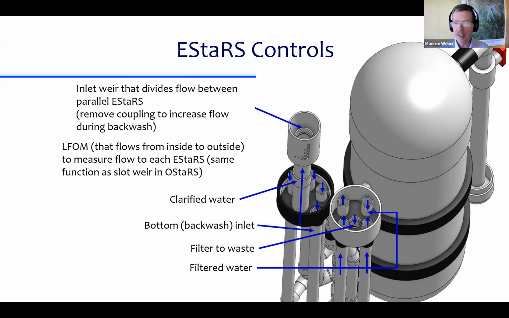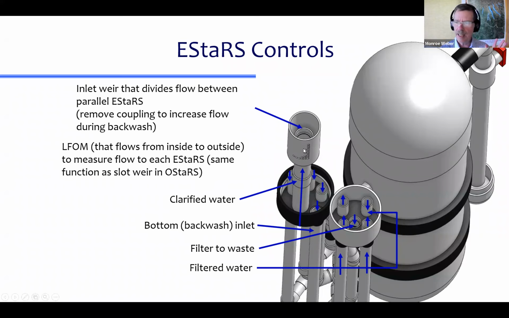Same thing is true here. Here we would just remove this, it's either a pipe stub or I believe it's a pipe stub. Remove this little pipe stub, and that will lower the elevation of that weir, and that will cause water that was going to the other filter to come to this filter instead.